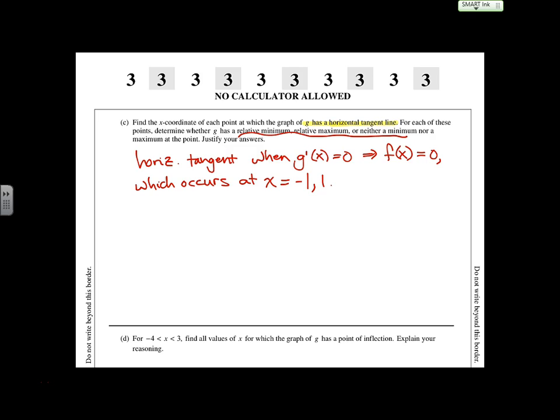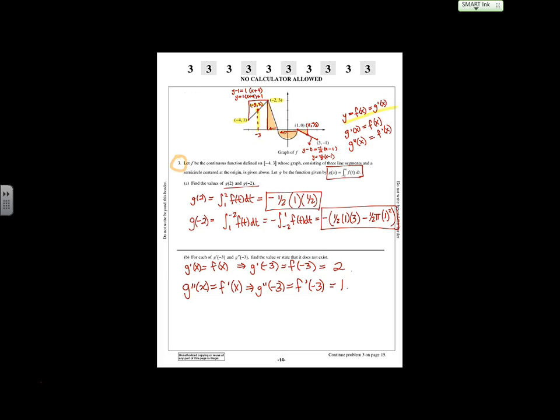And I can say at x equals -1, G has a relative... Now, if you had no clue how to read that graph, could you say a relative min? Since G prime goes from negative to positive, you could state a relative min and pick one. But hopefully, we'll be able to look at the graph and know exactly which one.